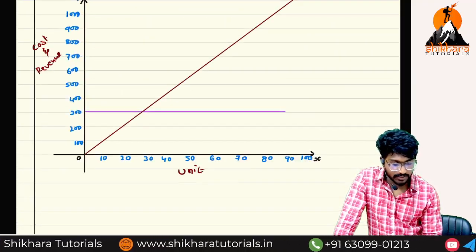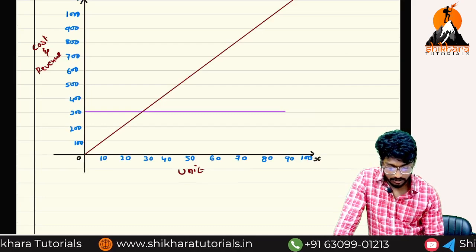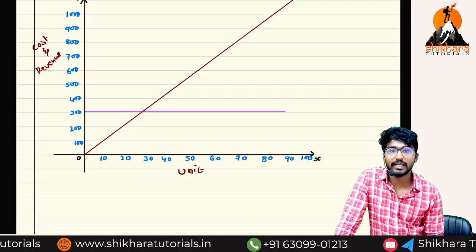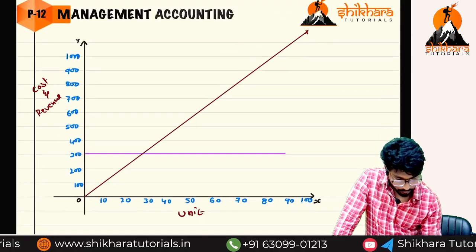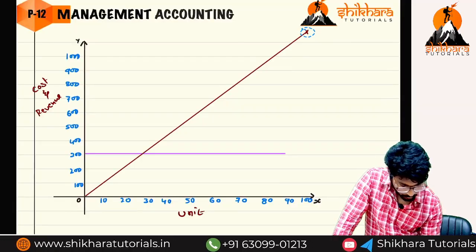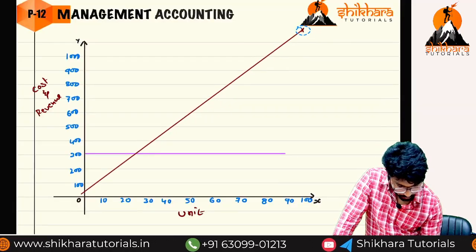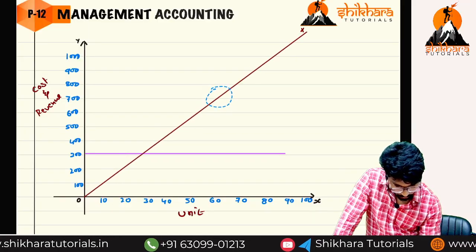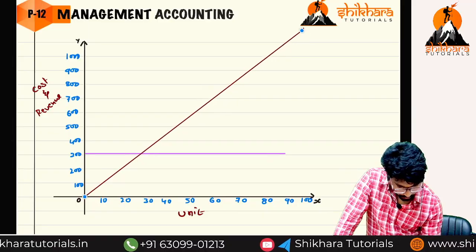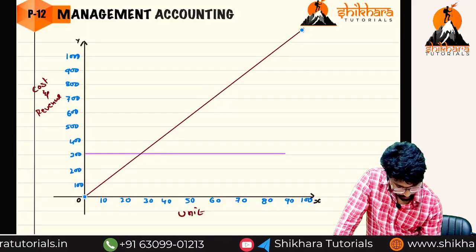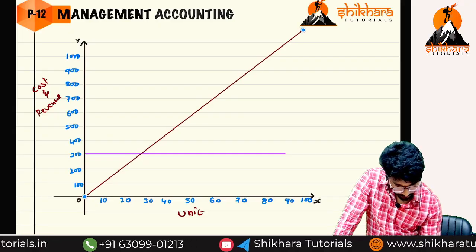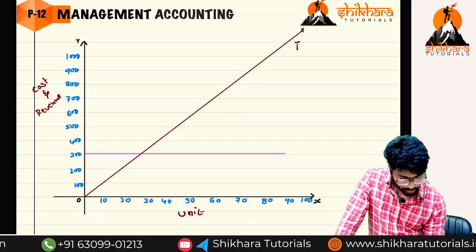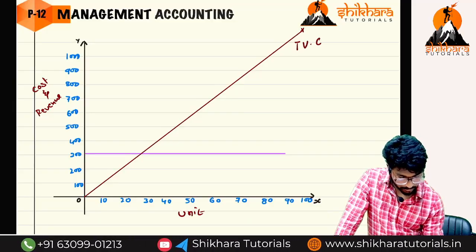If it is increasing in the same proportion, then the line must be a straight line. Now, this is the total variable cost line.